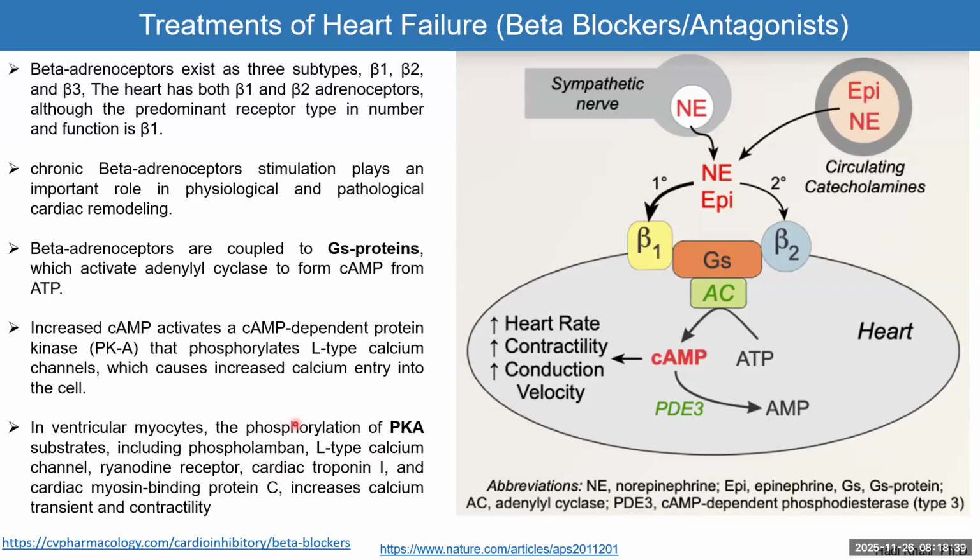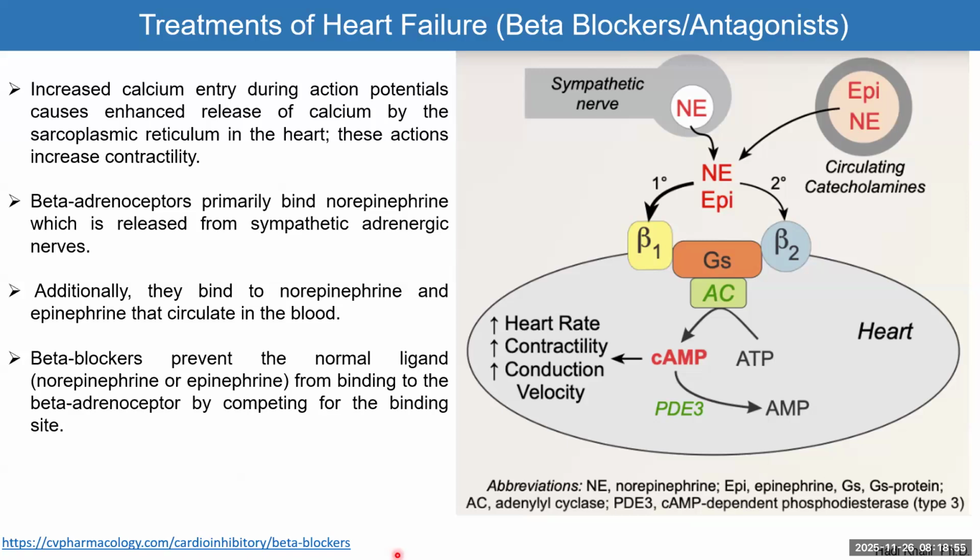Now, I'm sure you will ask, should we memorize those? Probably some of them, particularly cardiac troponin and the renin receptor. And this is just describing for you that the drugs that we have block the binding of the norepinephrine or epinephrine to the receptors.